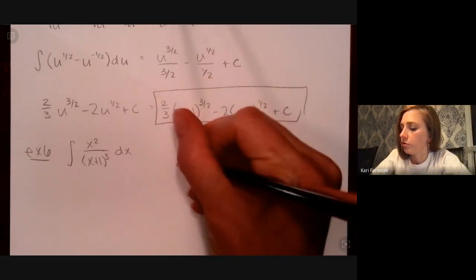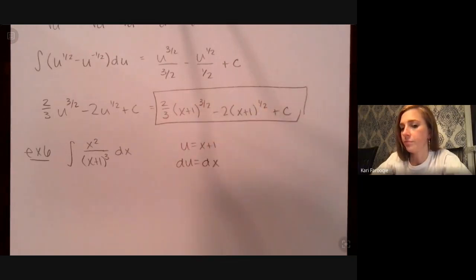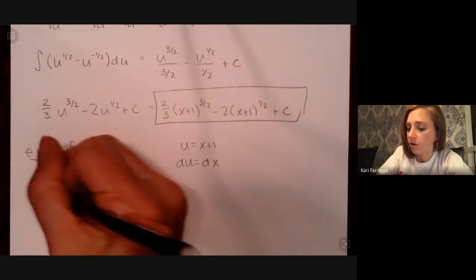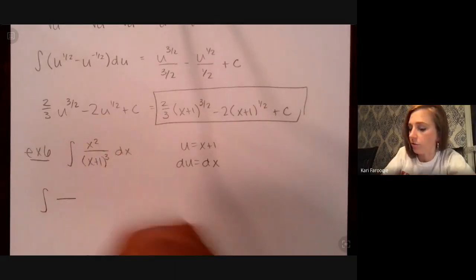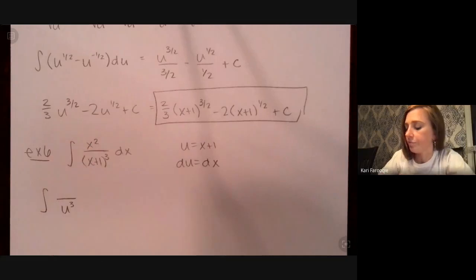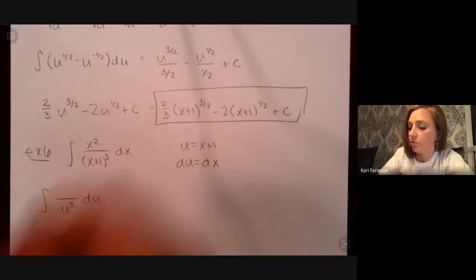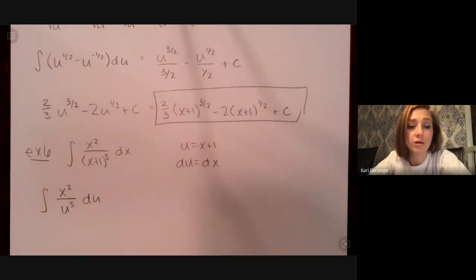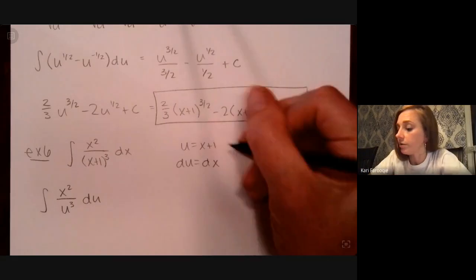The derivative of u is 1 dx. So note that if you were to make this substitution here, in the denominator, you would have u cubed, and dx would be subbed out for du, but you would still have an x squared in the numerator that hasn't been taken care of, and that's fine.